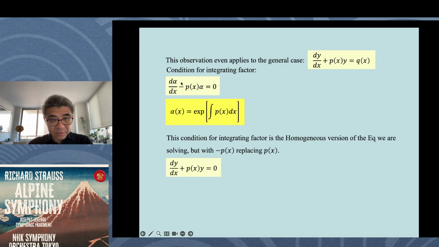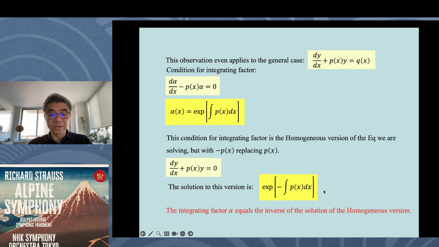That's the difference in the sign here. That means the solution of the homogeneous equation is exponential of minus the integral of p, and it is equal to 1 over alpha. So the integrating factor has a very special property: it is equal to the inverse of the solution of the homogeneous version.